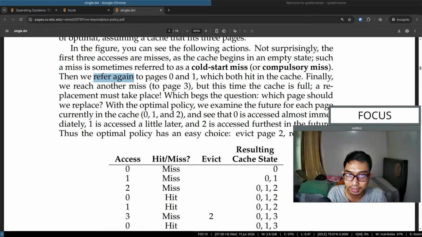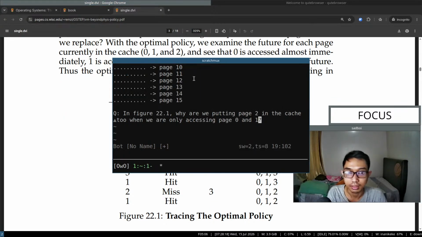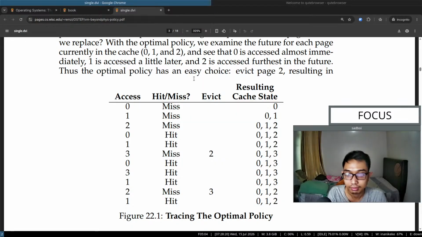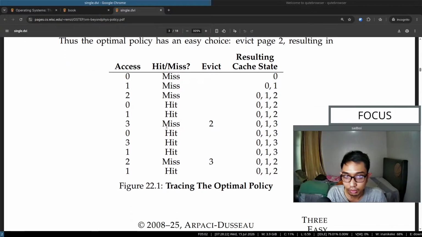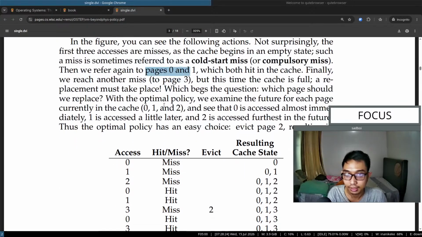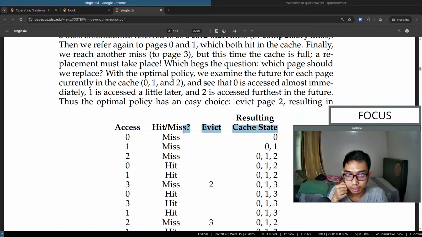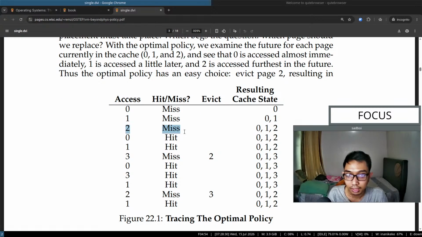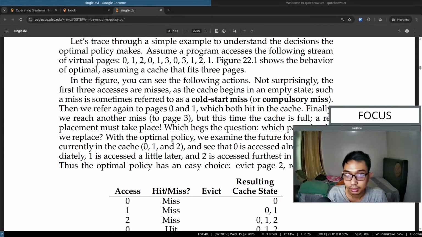I missed that. Okay, then it's fine. We have solved that mystery. So this is the first attempt, right? And this is the second attempt.